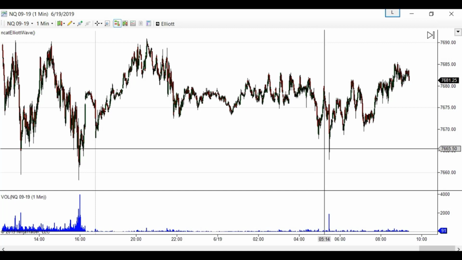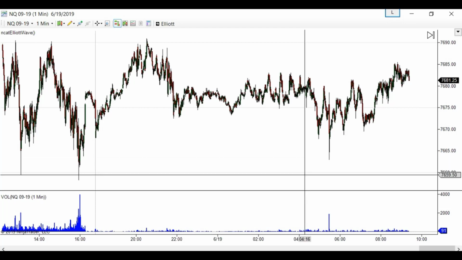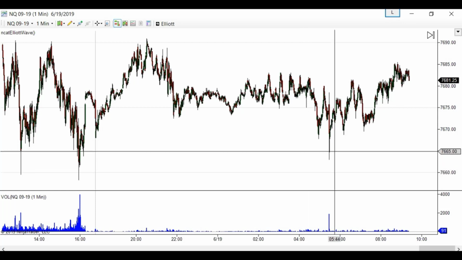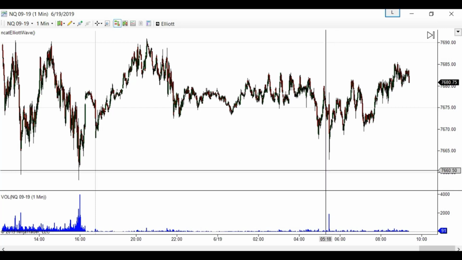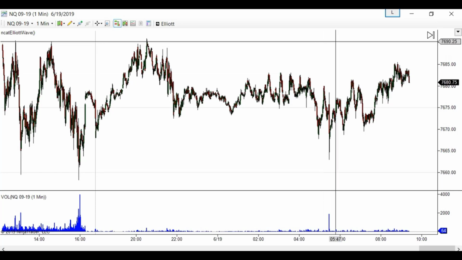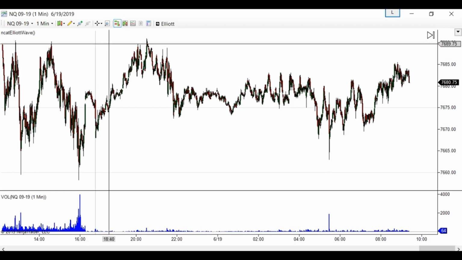And I know already that this zone, let's say anywhere from 7665 down to 7660, is going to be an important area. What other area is important? Well, I know that this area here is important, right around 7700, 7690.